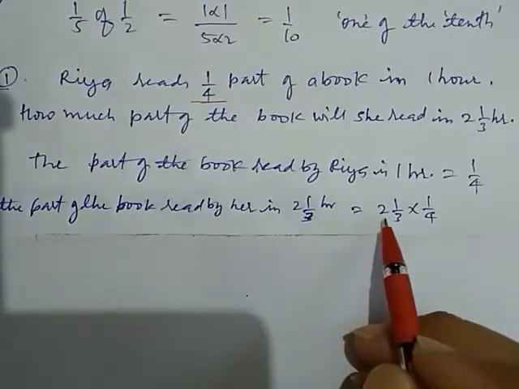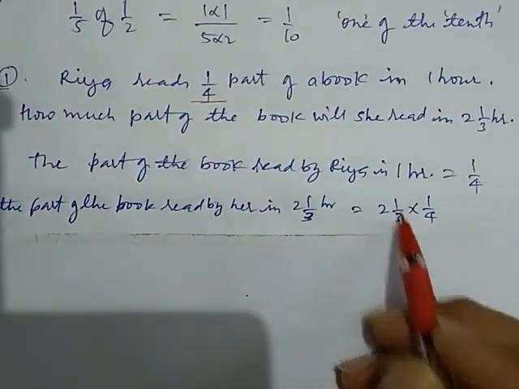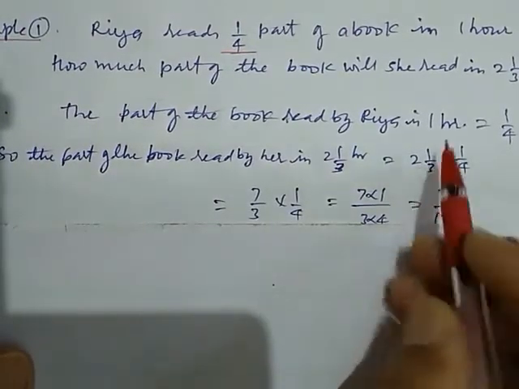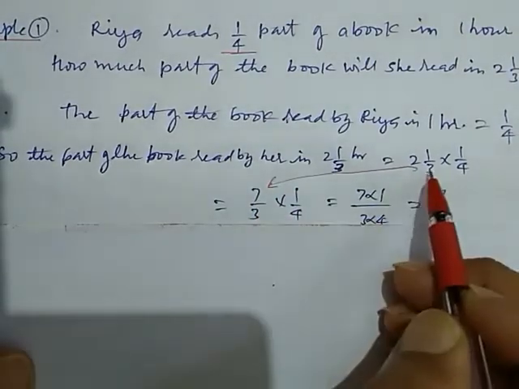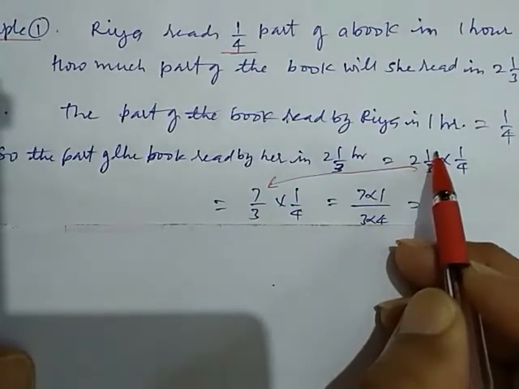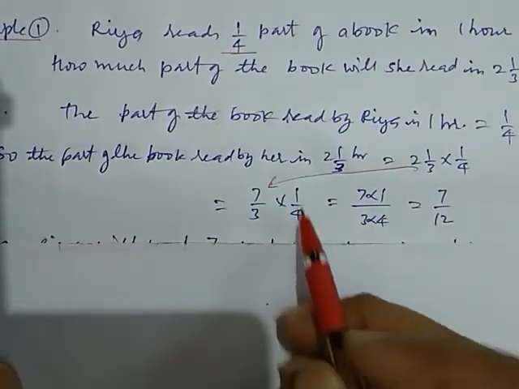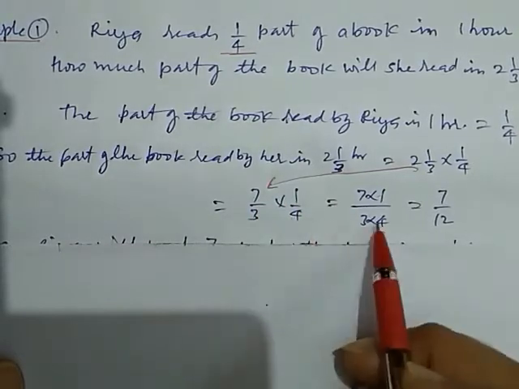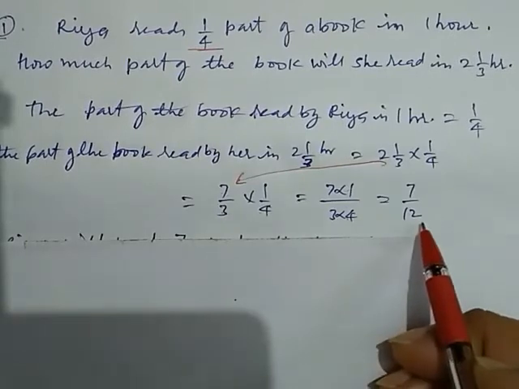We just multiply this by 1/4: 2 and 1 by 3 into 1 by 4. First we convert this mixed fraction into an improper fraction. 3 twos are 6, plus 1, 7 by 3. Here it is 7 by 3 into 1 by 4. So we multiply the numerators, 7 into 1, and the denominators, 3 into 4. So this becomes 7 by 12.